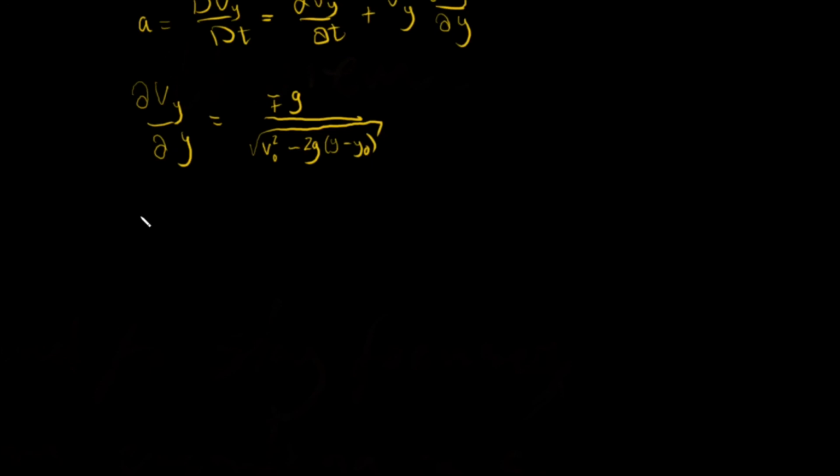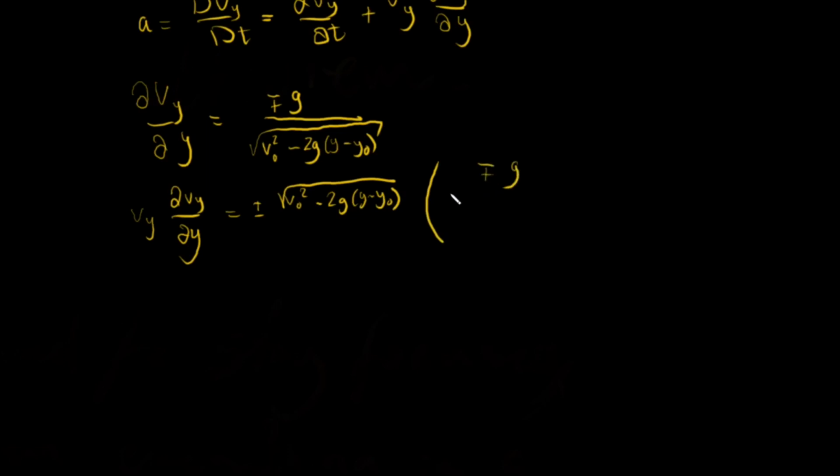And multiplying Vy by the partial derivative of Vy with respect to y gives plus or minus the square root of the initial velocity squared minus 2g times y minus y0, times big parentheses plus or minus g over the exact same thing. So this is simply equal to minus g, as expected again, even though it was quite a bit harder. This indeed gives the exact same constant acceleration of gravity as before, so clearly the material derivative works.